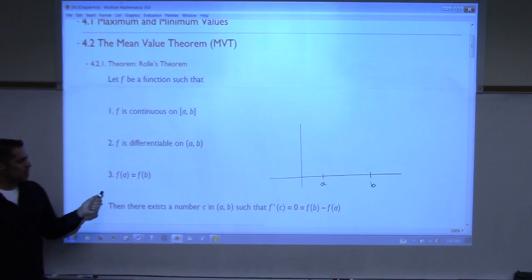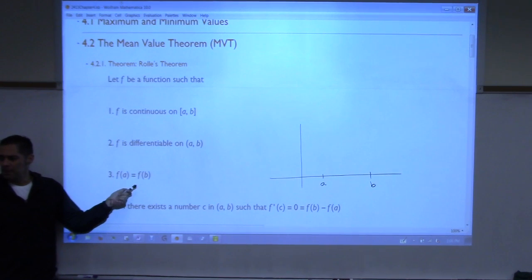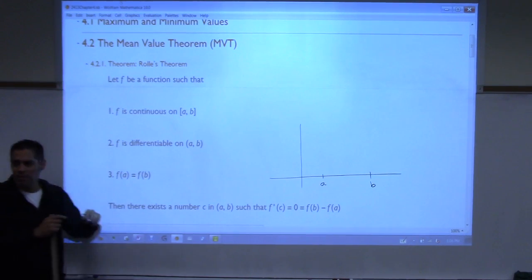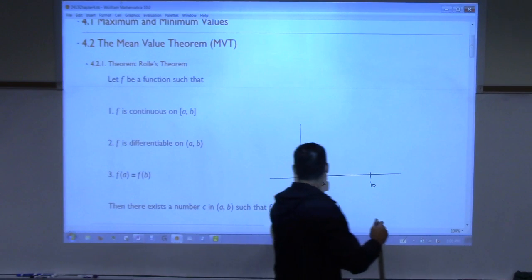And the last condition: f(a) equals f(b). This is the most important condition that we need. This is not saying for every value of x. This is saying the value of the function at the left endpoint is equal to the value of the function at the right endpoint, which means the two endpoints are the same height off the x-axis.